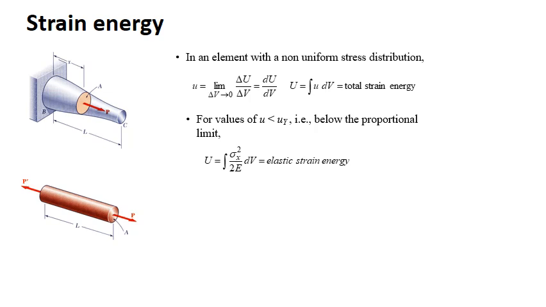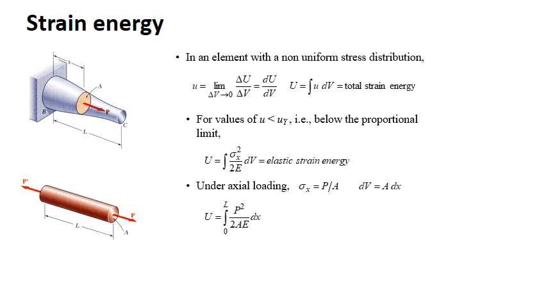You can recast the previous expression, sigma x by sigma x dx. You invoke Hooke's law and substitute it, you will get sigma x square by 2E. Because let us assume linear elastic behavior in this case, and then I can use Hooke's law and rewrite U is equal to integral of sigma x square by 2E into dV.